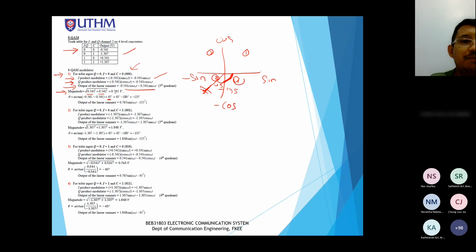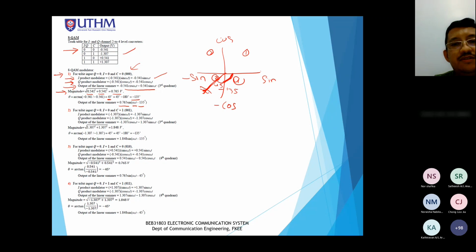That's why it is minus 135. Now we can rearrange the equation, so it becomes 0.765 for the magnitude, sine omega ct minus 135. So we write a single equation.